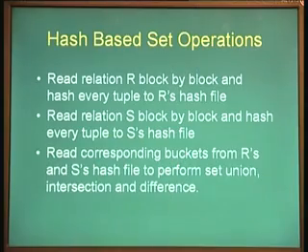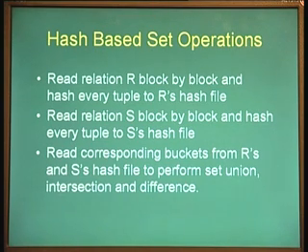So using this, it is quite simple to perform set theoretic operations using hash based techniques. For example, if we have to perform union, all we have to do is hash each tuple of R into R's hash file, and hash each tuple of S into S's hash file, and take each pair of corresponding buckets, that is bucket 0 of R and bucket 0 of S, eliminate duplicates, and then output the results.